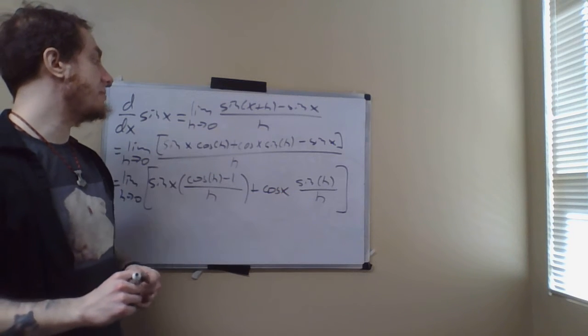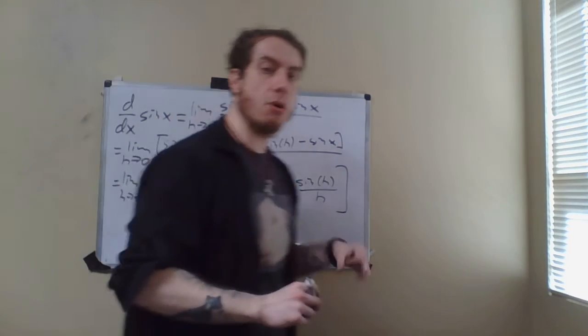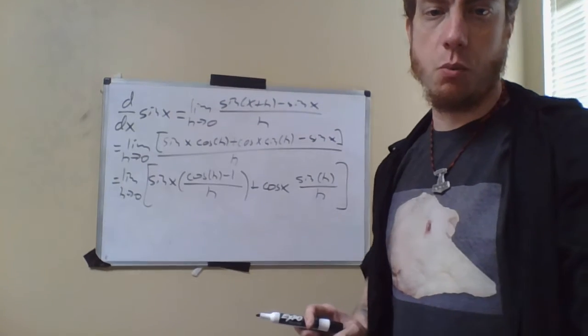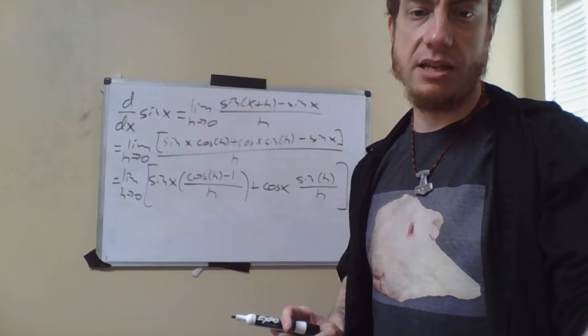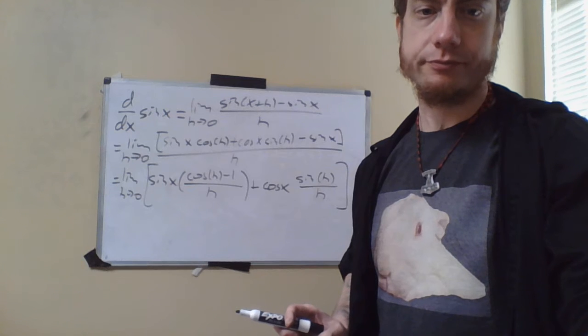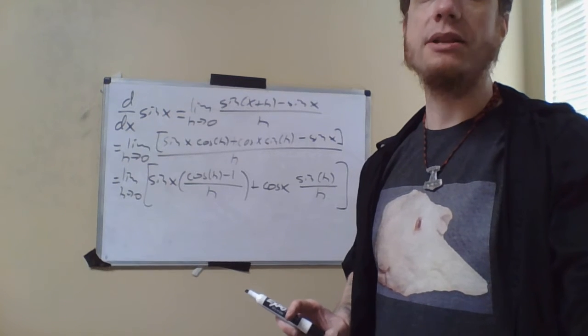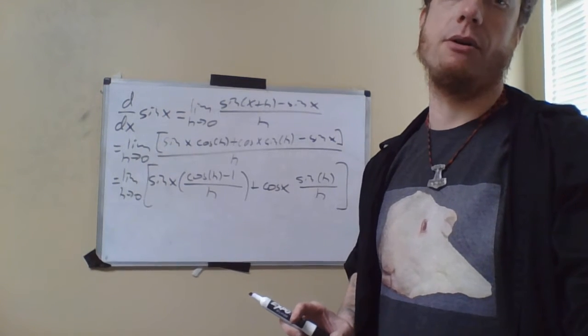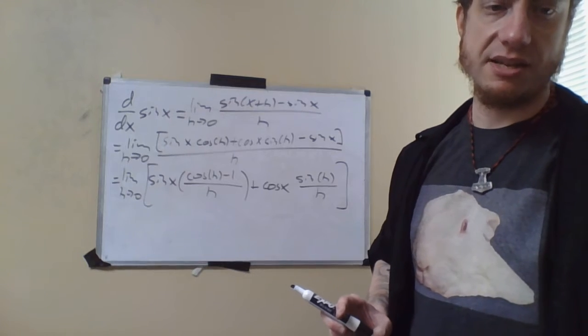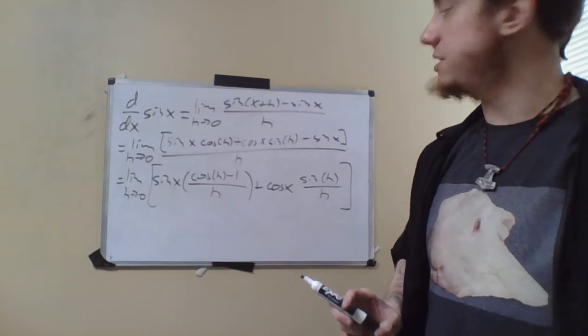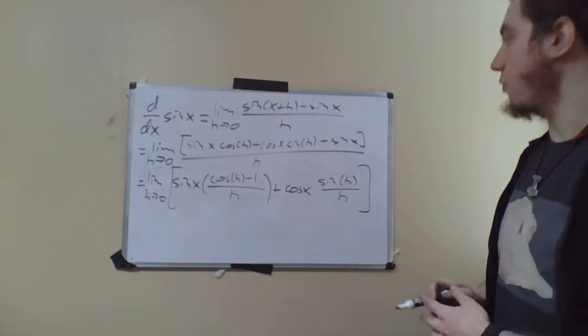Once we figure out the limit of sine h over h, the limit for the cosine h minus 1 over h term is going to be relatively straightforward to figure out. I wouldn't say necessarily immediately obvious, but it is going to be somewhat straightforward.